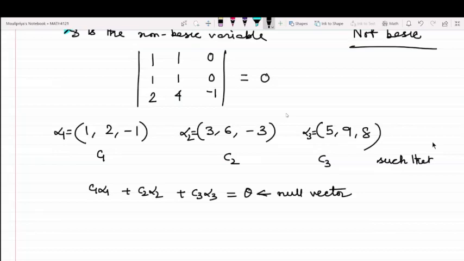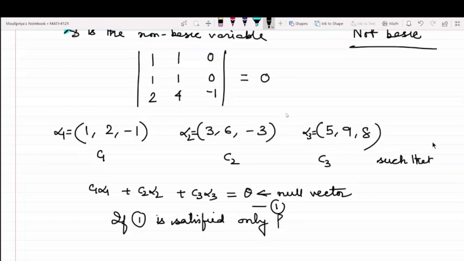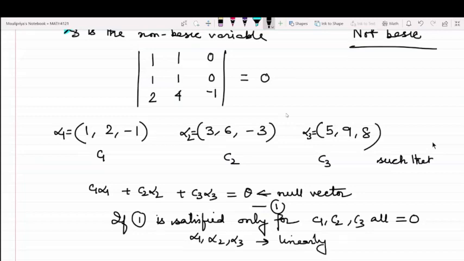If I call this equation number 1, if equation 1 is satisfied only for C1, C2, C3 all being equal to 0, we say that the vectors alpha 1, alpha 2, alpha 3 are linearly independent.